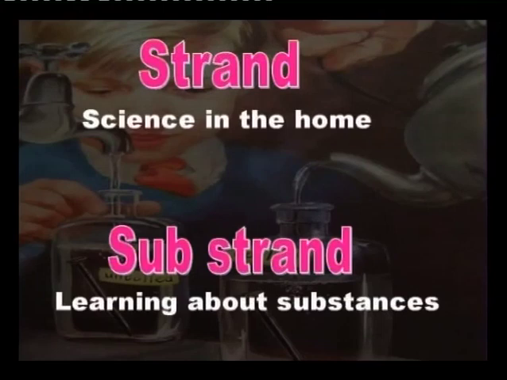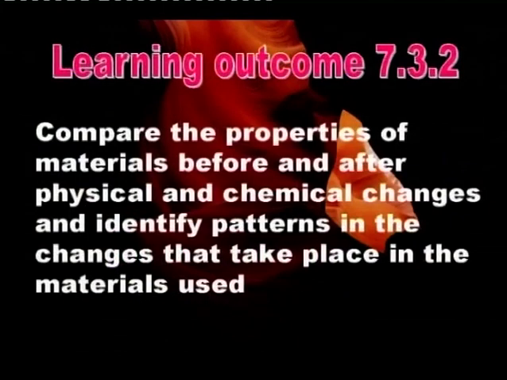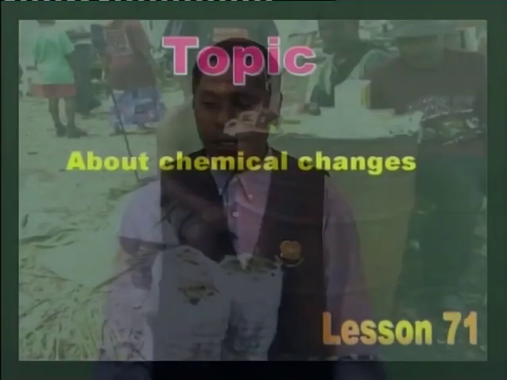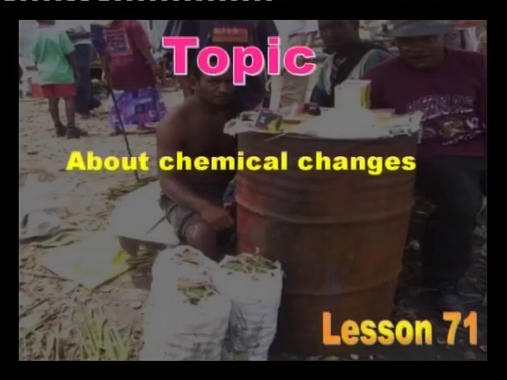In today's lesson, receiving teachers, we are still on the same strand, the sub-strand, and the learning outcome, which is 7.3.2, and unit 5, that is on changes of matter. Our topic for today is about chemical changes, and of course this is lesson number 71, about chemical changes.